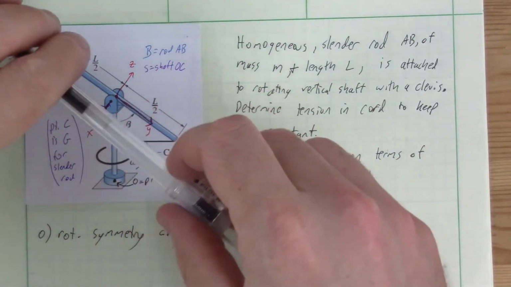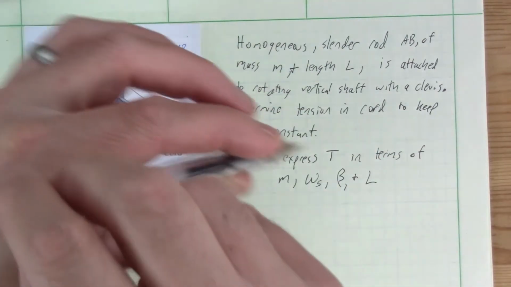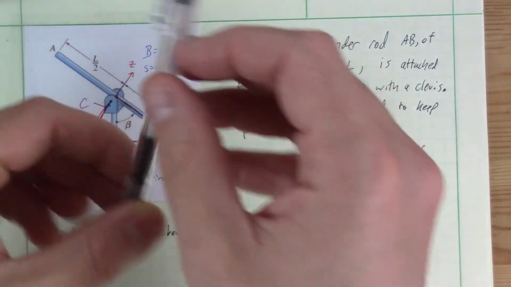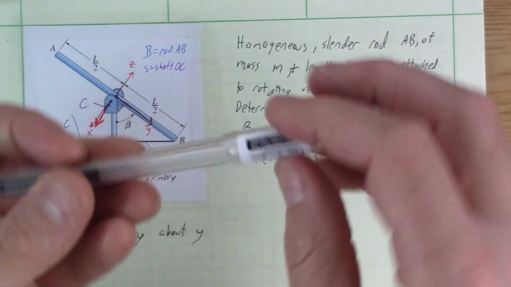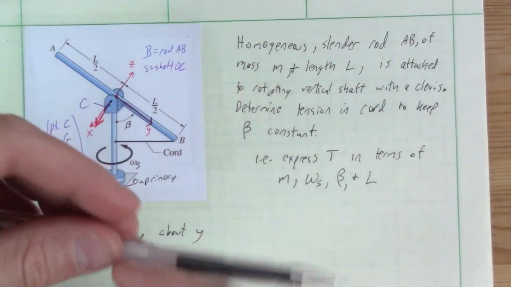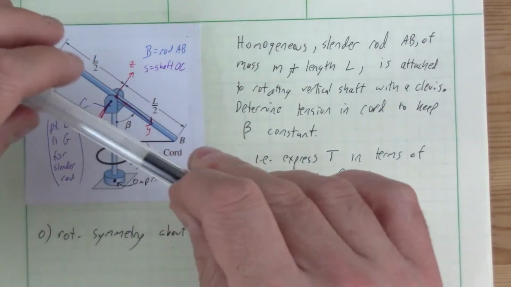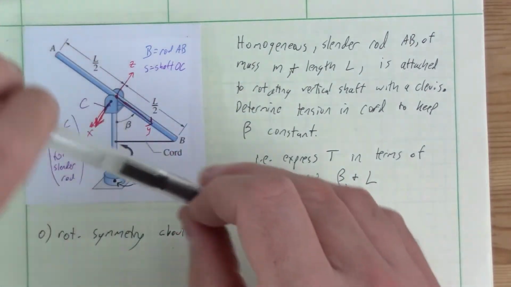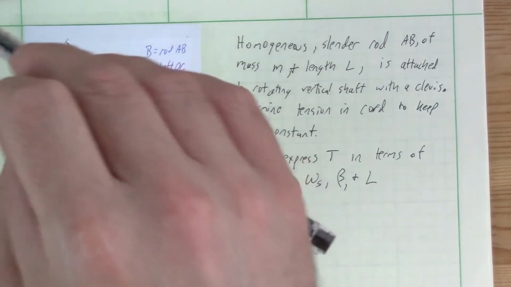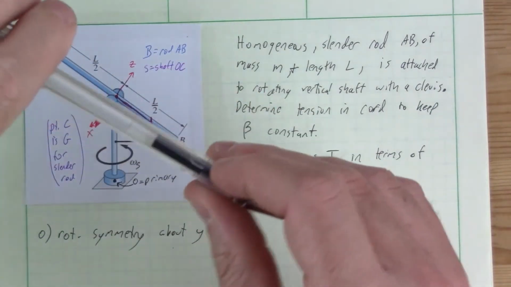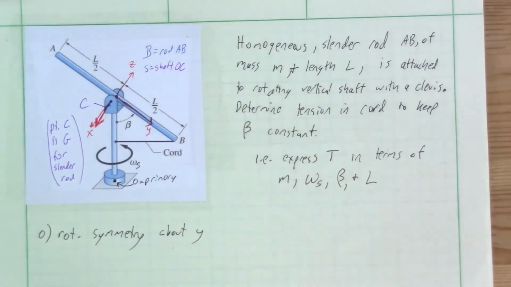If we rotated it about the x-axis, that would be like that. That is not rotationally symmetric. That's a different picture. Or about the z-axis, that's like doing it that way. That is also not the same. But if I rotate about the y-axis, it's rotationally symmetric.